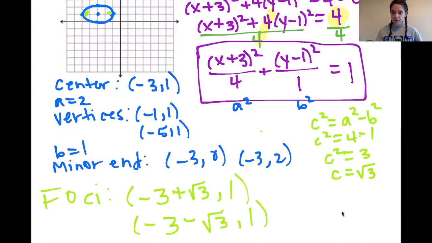And I subtracted radical 3 from the x-coordinate since we went to the left. And then the last thing that we can talk about here is our eccentricity. Our eccentricity is c over a, so radical 3 over 2 would be our eccentricity.